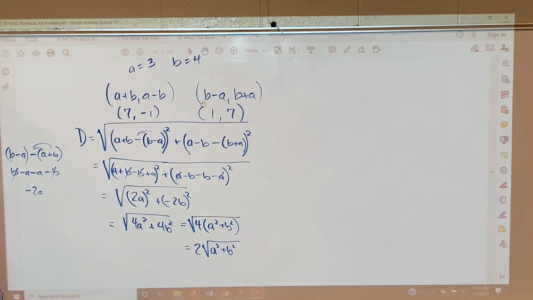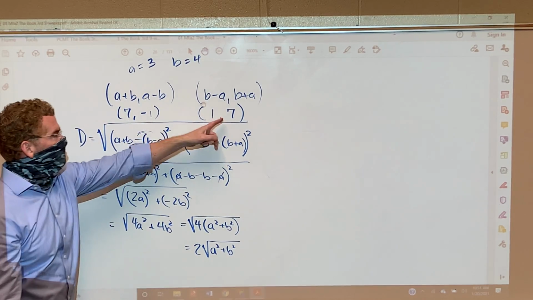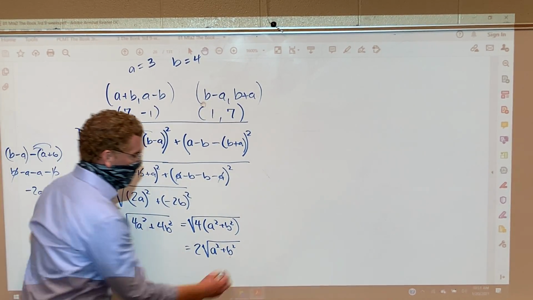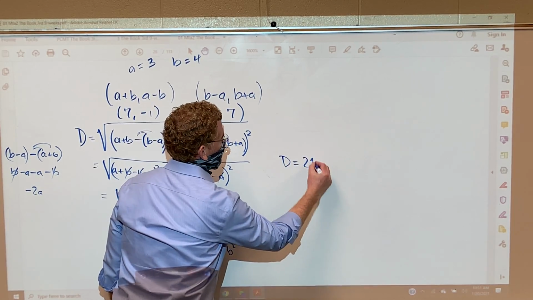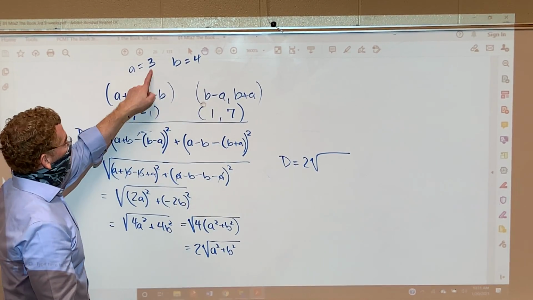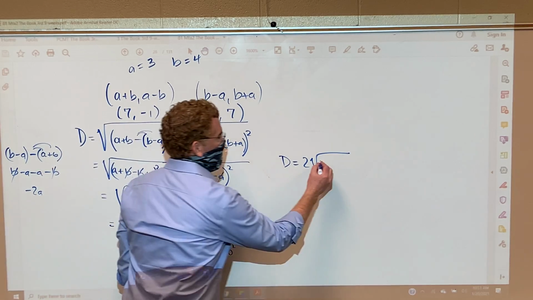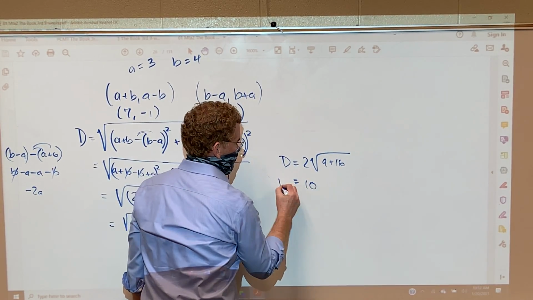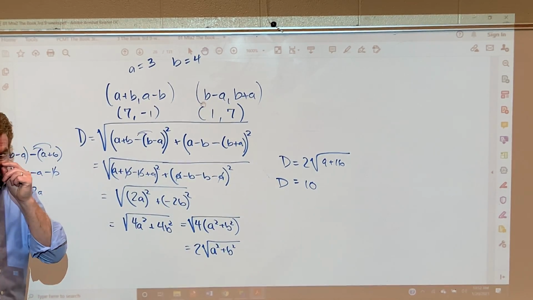If I do the distance formula with these 2 points, the distance should be 2 times the square root of 9 and 16, which is square root of 25, which is 5, so the distance should be 10.